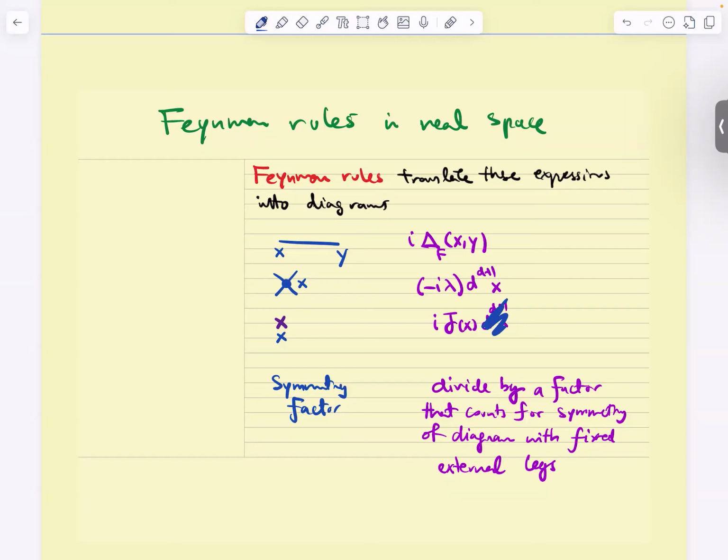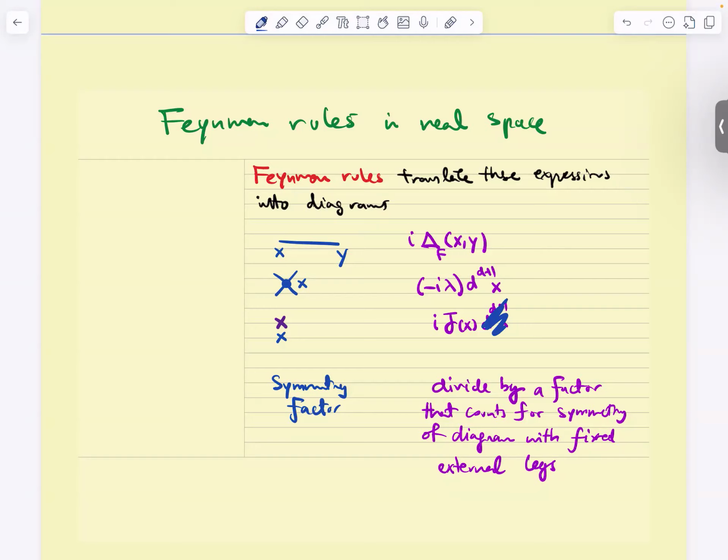Every such process comes with a factor of j at that point. All these middle points you integrate over; there's an integral coming from each of them. These are propagators, and that's it. Every vertex comes with a factor of minus i lambda. You stare at this, and if there is some symmetry of the diagram, you divide by the symmetry factor as well. That's what this diagram represents as an integral.